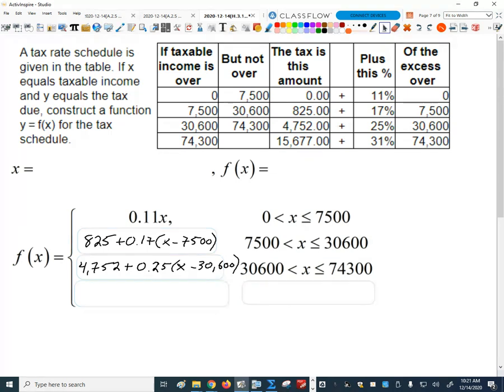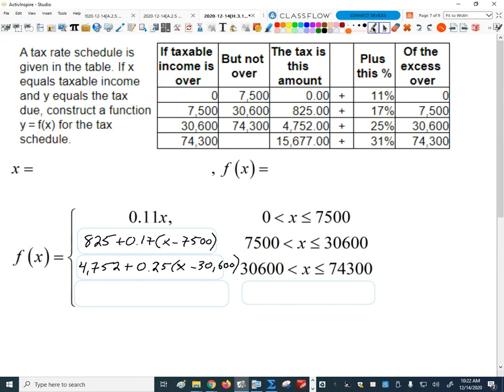Okay. And then last one is a little bit easier. If your taxable income, well, I guess it's not that much easier. If your taxable income is over 74,300, you're paying 15,677 plus 31% of the excess over 74,300. It's just kind of the same pattern, isn't it?